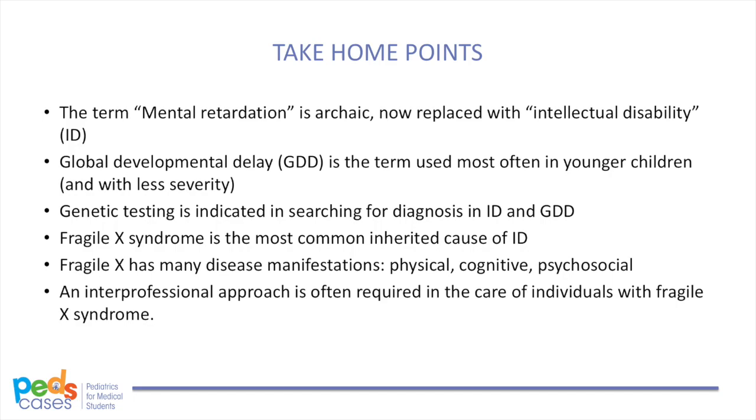FRAGILEX syndrome is the most common inherited cause of ID. FRAGILEX has many disease manifestations: physical, cognitive, psychosocial, and has no cure. An interprofessional approach is often required in the care of individuals with FRAGILEX syndrome with the family and patient at the center of it all.